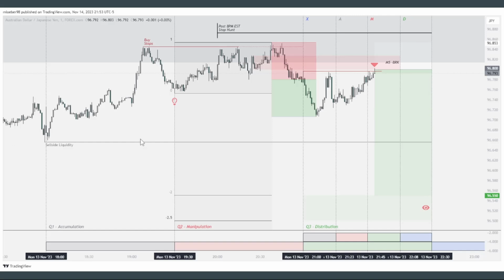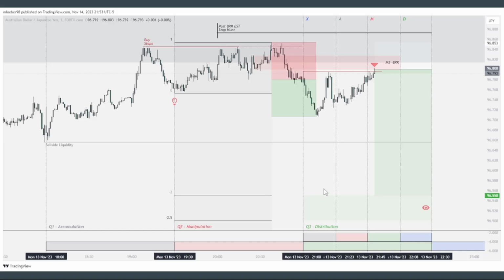Now here is a much clearer view. I identified a sell side liquidity pool that we could have easily targeted, resting at the low from Q1's accumulation of the 90-minute cycle, and I have my stop loss resting above the M15 stop run that occurred during Q2's manipulation.